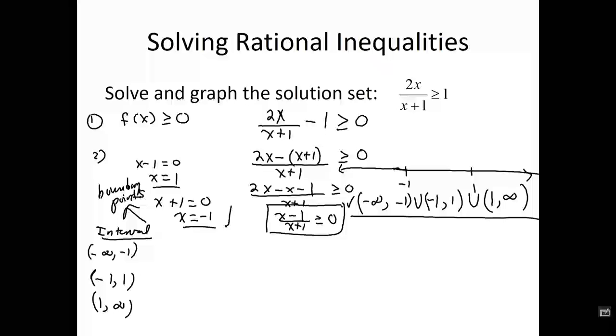Now we need a number to test. In each interval, let's choose a real number that lies in the interval. For a real number less than negative 1, let's choose negative 2. I'm going to put test number, the number we're using to test. So it's going to be negative 2.